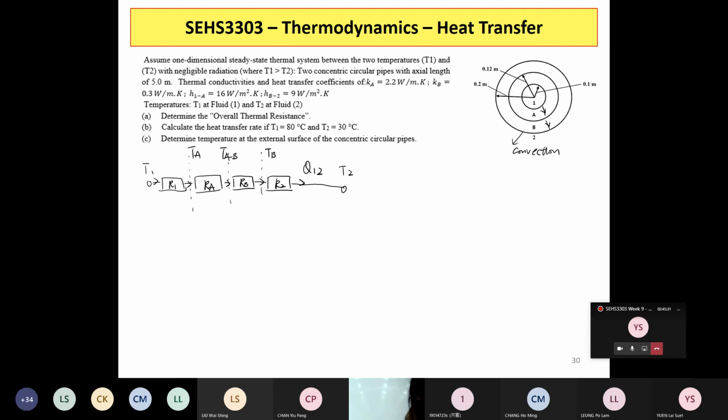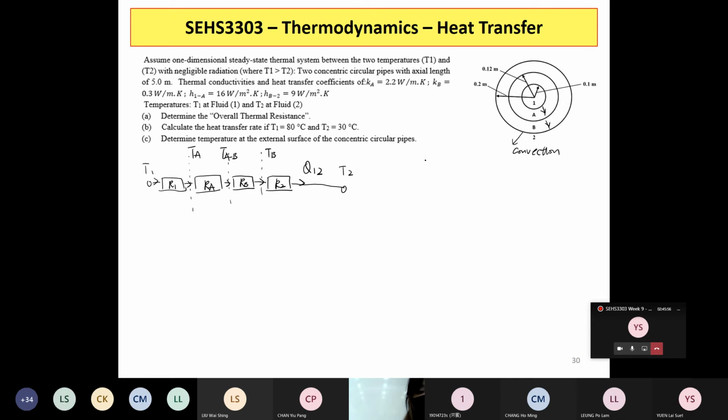That's the diagram. Is that right? Let me check. R1, yeah, it's okay. Yes, good.